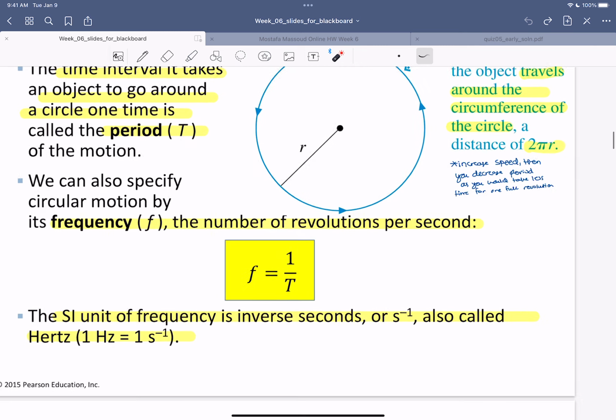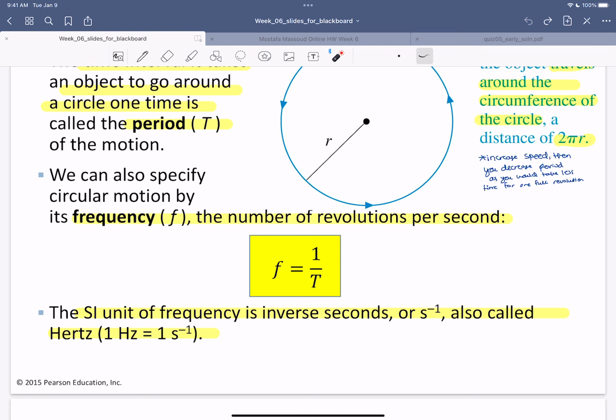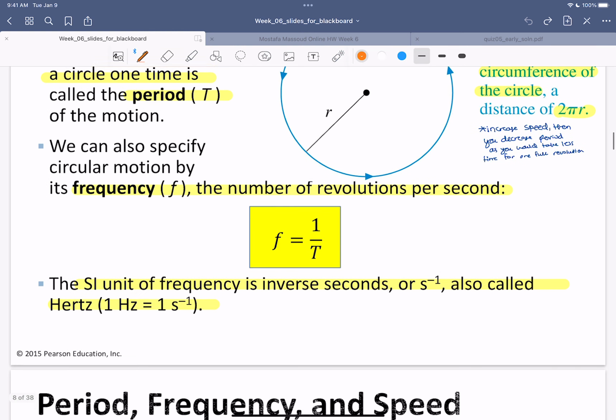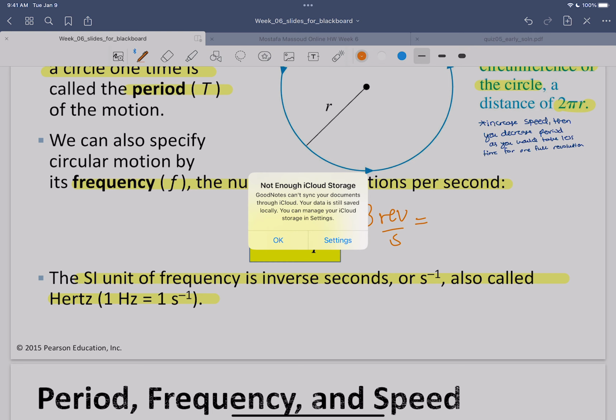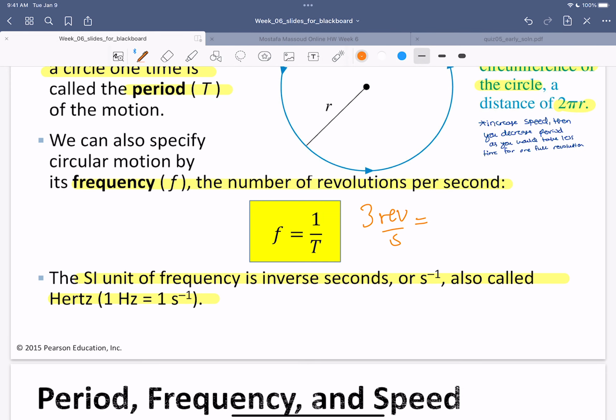So that's the equation that we have here for frequency, right? So if I were to say, all right, 3 revs per second is my frequency, right? Or actually, I take that back.